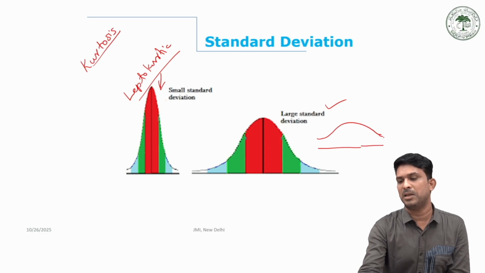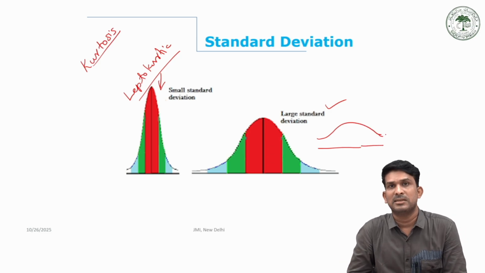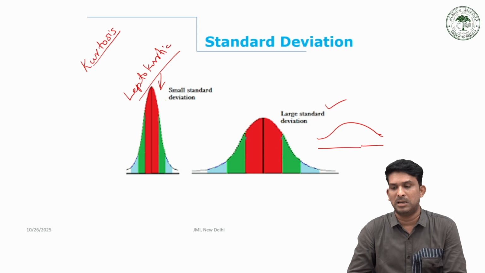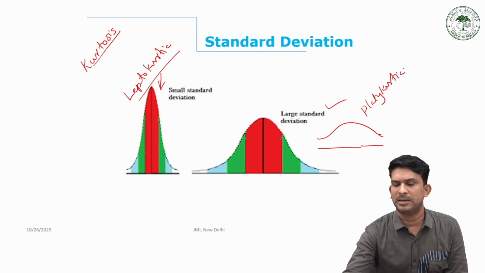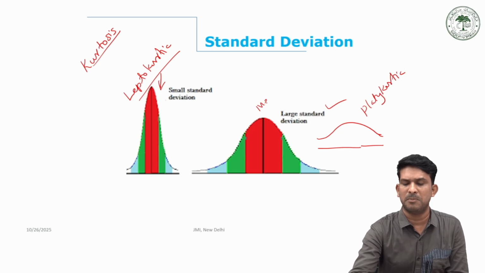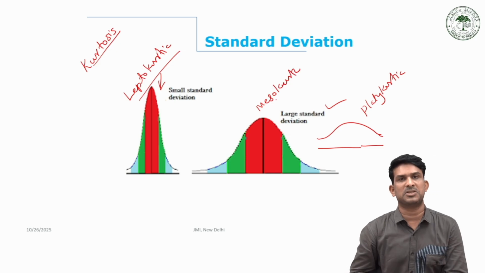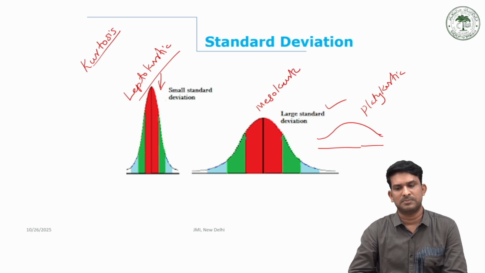Platykurtic curve will be more flat than a normal curve. This kind of curve is platykurtic, right? Platykurtic curve, and normal curve is mesokurtic curve. Just for the information, I have mentioned all these.